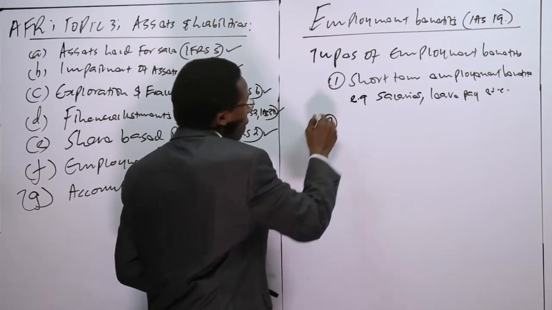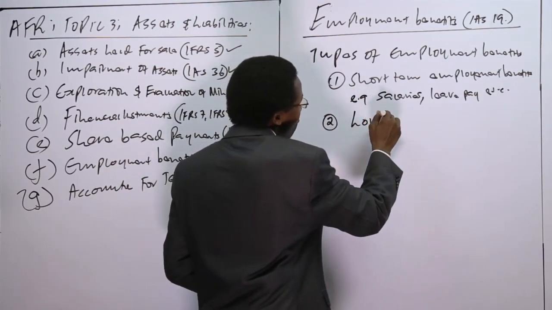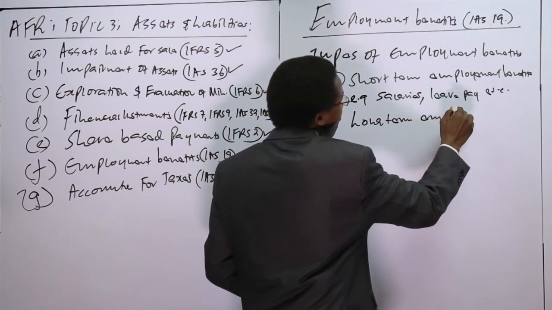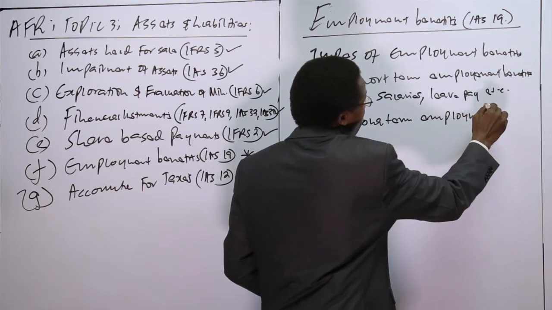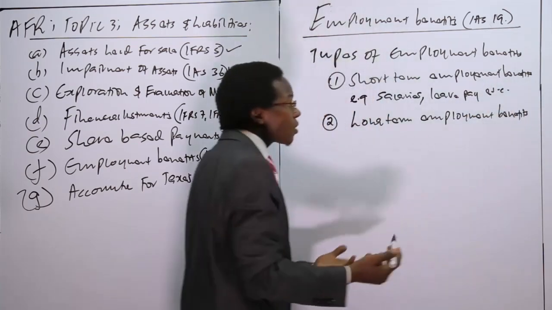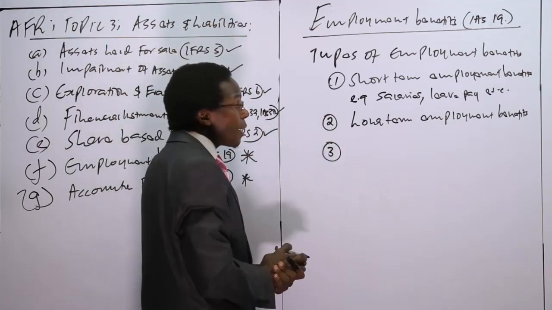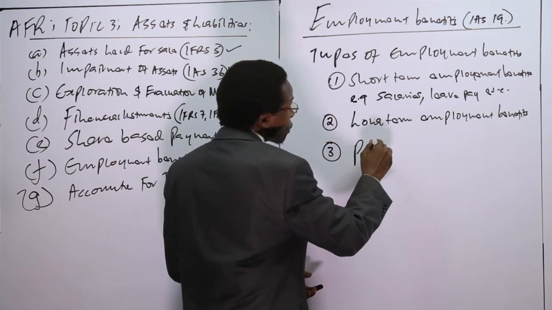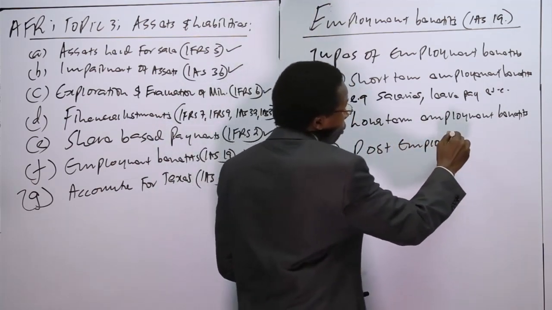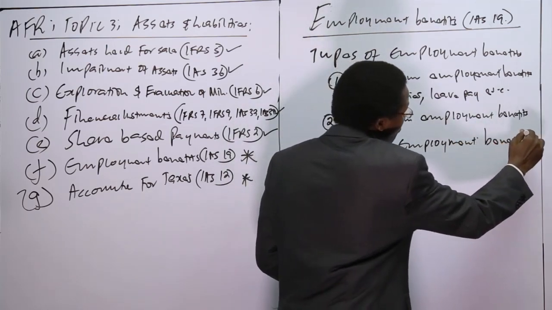Then we also have number 2, the long-term employment benefits. In fact, this one we call other long-term employment benefits because we have the main long-term employment benefit known as post-employment benefits.